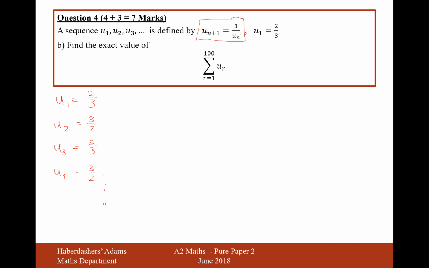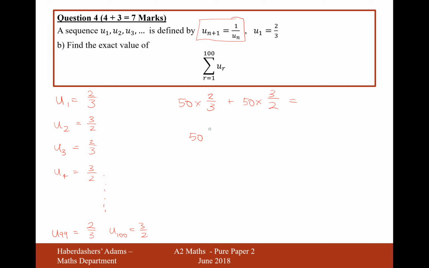And you can see what's happening here. The pattern is just going 2/3, 3/2, 2/3, 3/2, and up to, well, we'll do u99, which would be 2/3, and u100 would just be 3 over 2. So we're going to have 50 lots of 2/3 in our summation, and we're going to have 50 lots of 3 over 2 in our summation.